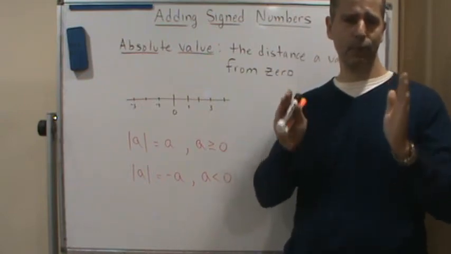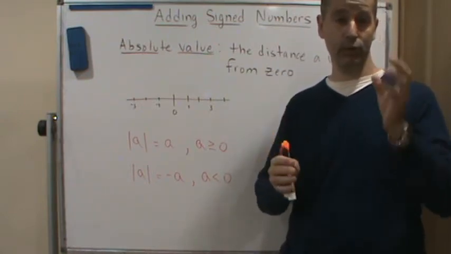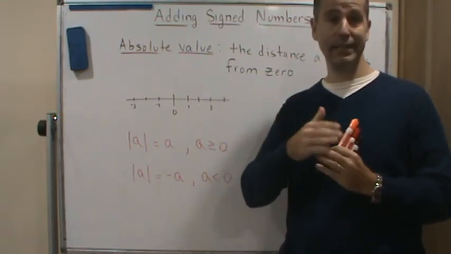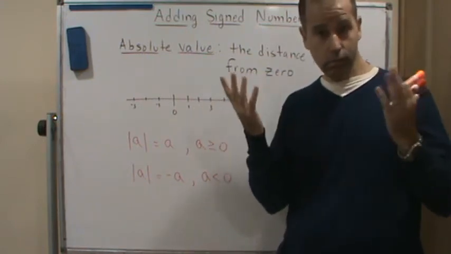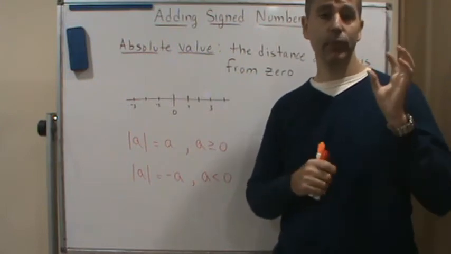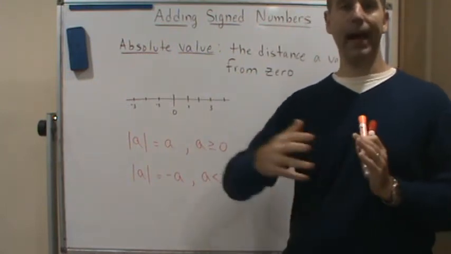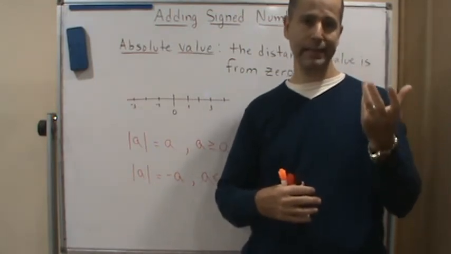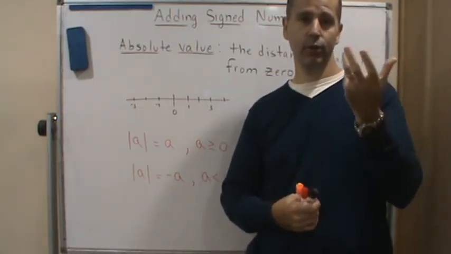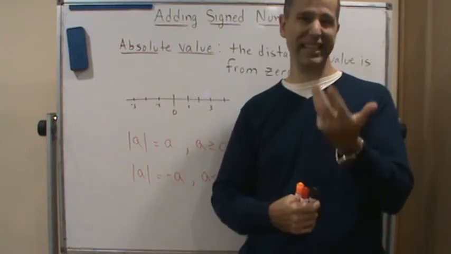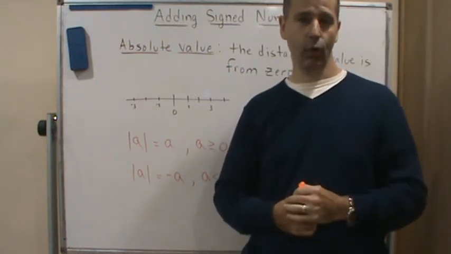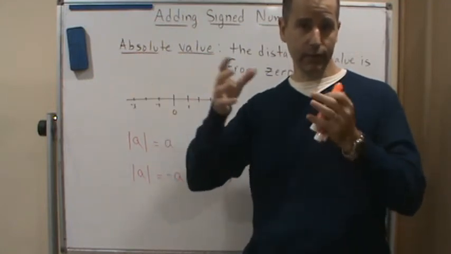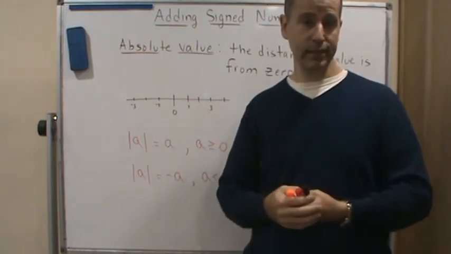So if I take the absolute value of any non-negative value, which is 0 and any positive, right? Non-negative means not negative. It means all the positive values and including 0, because 0 is neither positive nor negative. So that's why we say non-negative, right? We want to include 0 in there.